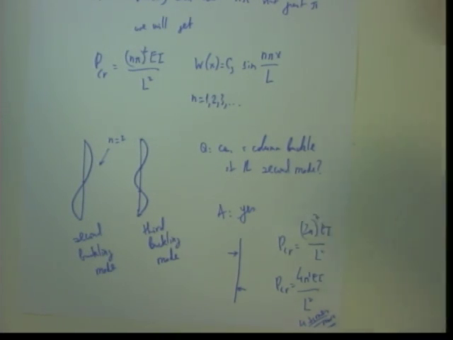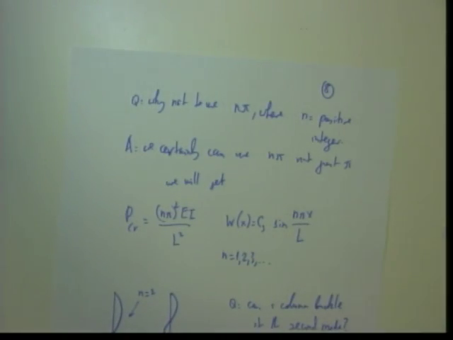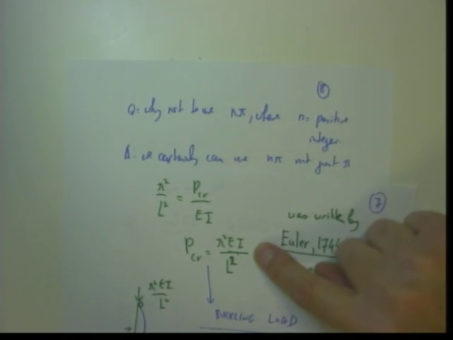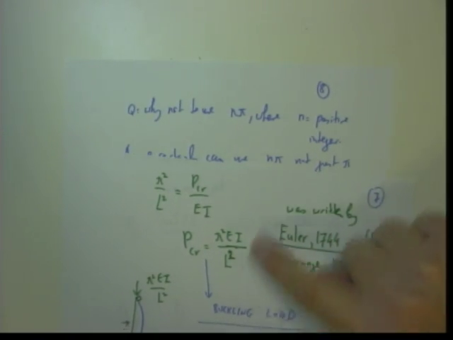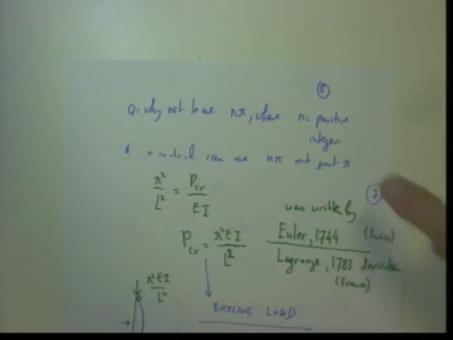But the main thing is that the first load is, so to say, the death of the column. This column buckles at this value. So we do not have to see exactly what happens at the second load, etc.